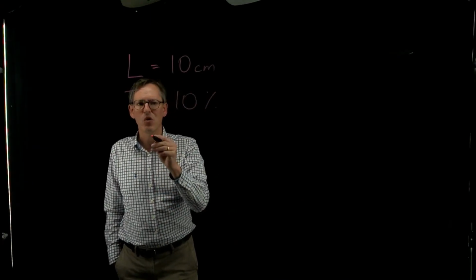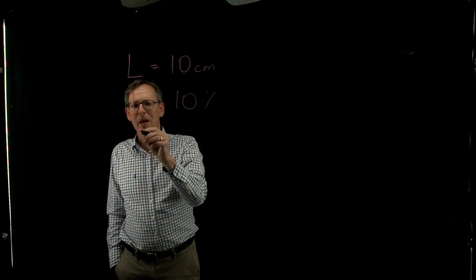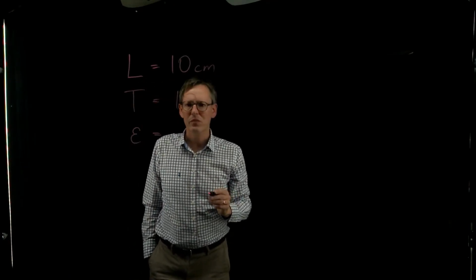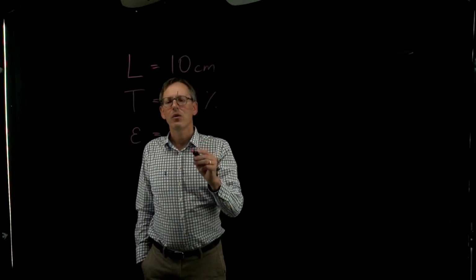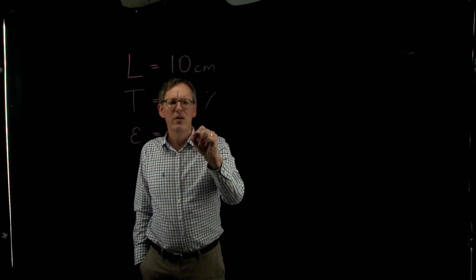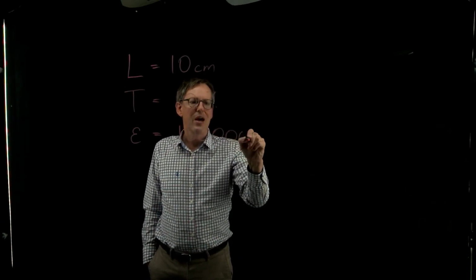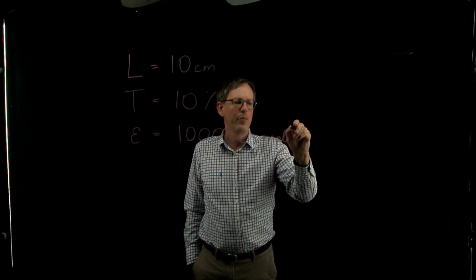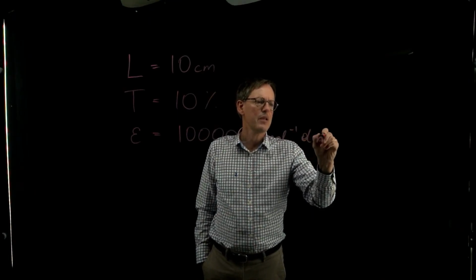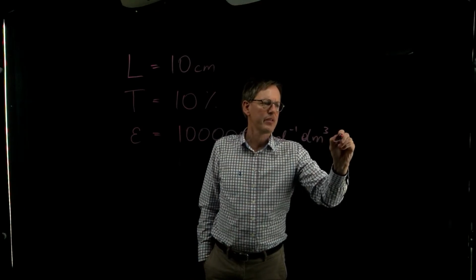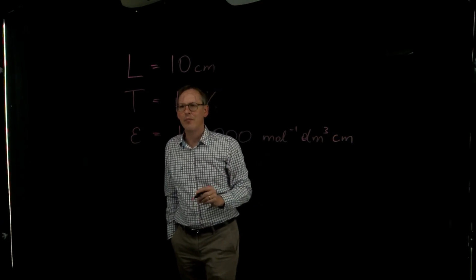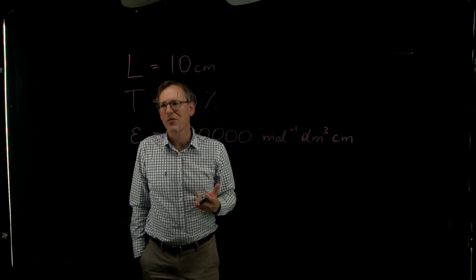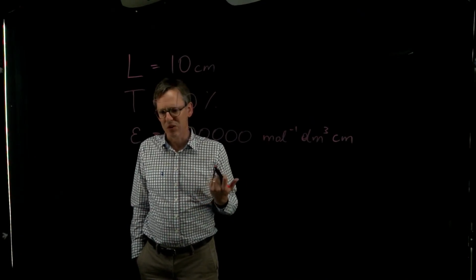And let us assume further that the extinction coefficient is equal to 100,000 per mole cubic decimeter per centimeter. Can you tell me what the concentration of dye molecules is in the solution?